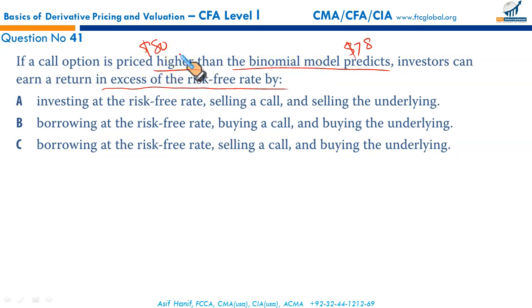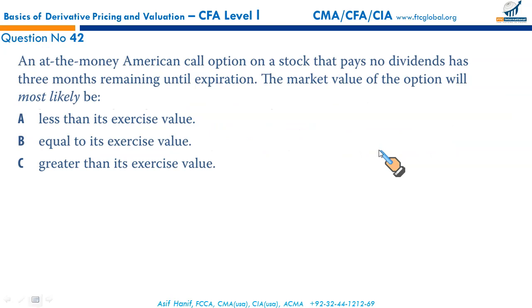So the trader will engage in an arbitrage contract by selling a call at 80. He will buy the stock or the underlying, and for necessary funding he will borrow at the risk-free rate. So this will earn a return in excess of the risk-free rate. So that makes C to be the correct option. Borrowing at risk-free rate, selling a call, and buying the underlying. C is the right option.